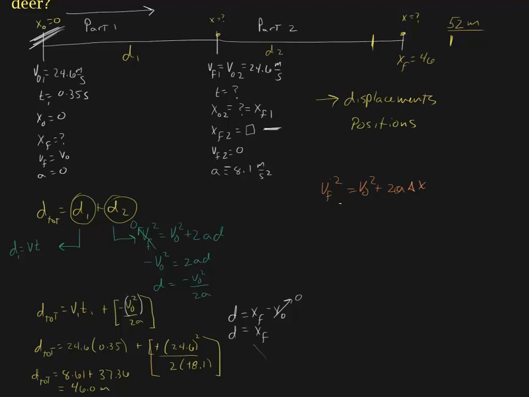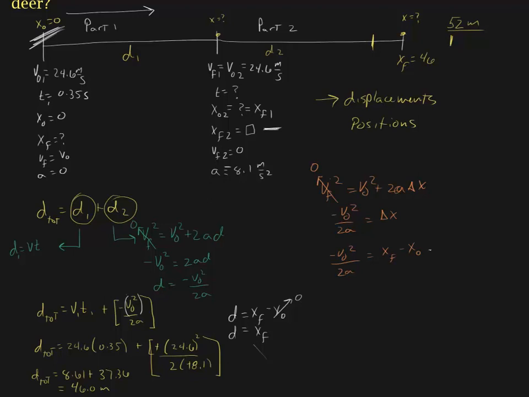And V final of part 2 we know is 0. And so we can rearrange this so that we get minus V initial squared over 2A is equal to delta X. Now remember that delta is final minus initial, so we can write this as X final minus X initial. So we get minus V initial squared over 2A is equal to X final minus X initial.